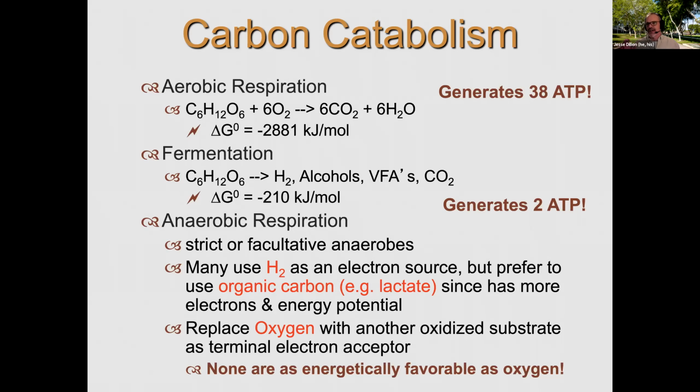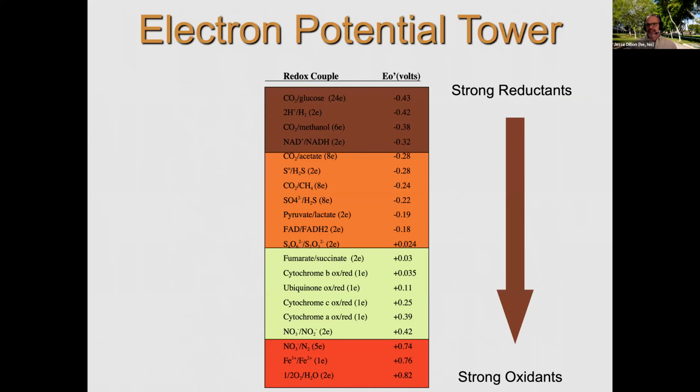They have those oxygen components, and so they are oxidized substrates. But the point is that even though they can do this anaerobically, just like with fermentation, the energetics are not as favorable. That said, you can still make a living being a sulfate reducer, okay?